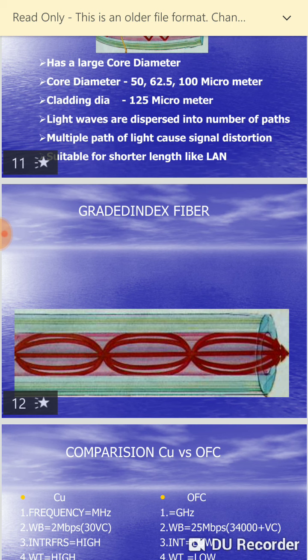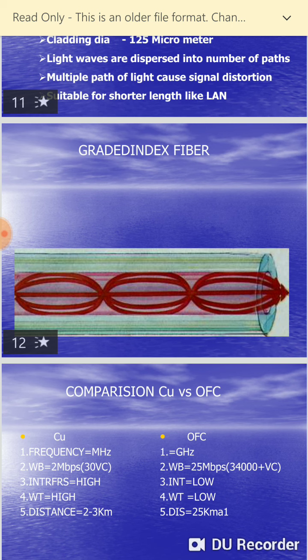Because of this refractive index structure, the waves propagate in a different way, meaning the mode which has to travel the maximum distance travels with maximum velocity. The mode which has to travel the minimum distance travels with minimum velocity. That's why the waves start at the same point as well as meet at the same point. So this is the structure of graded index fiber. Because of this, the dispersion is reduced.